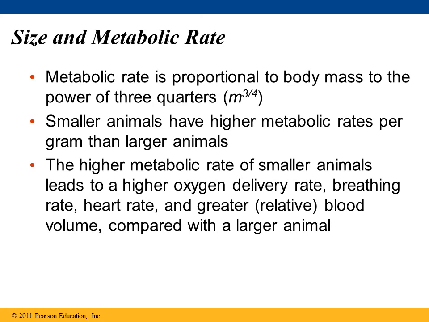So it may seem, since a bigger animal actually has a higher metabolic rate, that they have higher metabolisms, but that's not true. Per gram, the smaller organism is going to have a higher metabolic rate. The higher metabolic rate of smaller animals tends to be for higher oxygen delivery, breathing rate, heart rate, and greater blood volume compared to the larger animal.